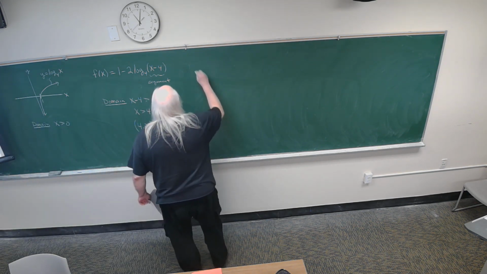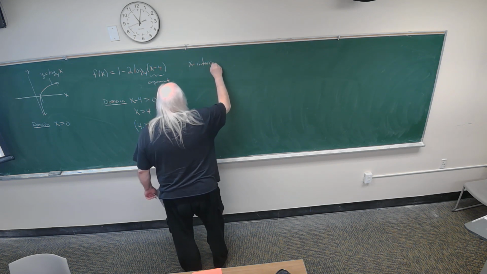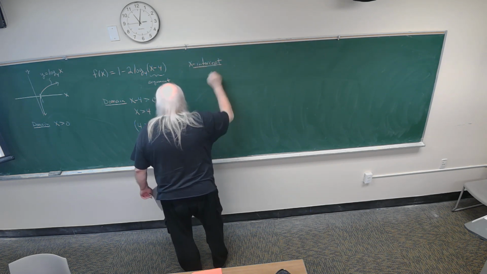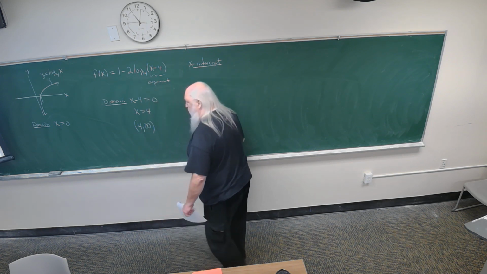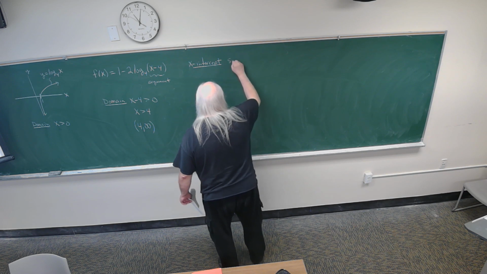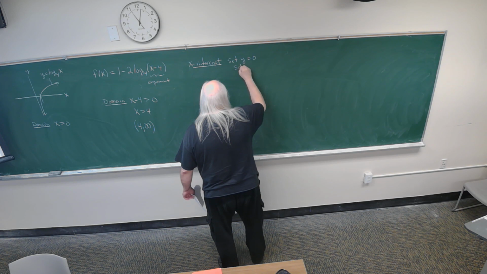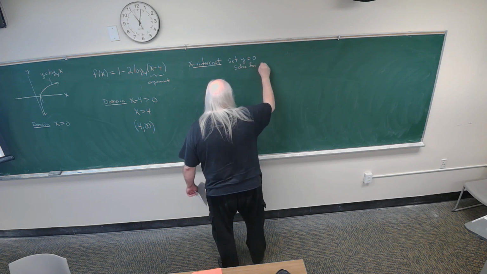The x-intercept is where the graph of this function crosses the x-axis. So you know to find the x-intercept, you set y equal to 0 and solve for x.